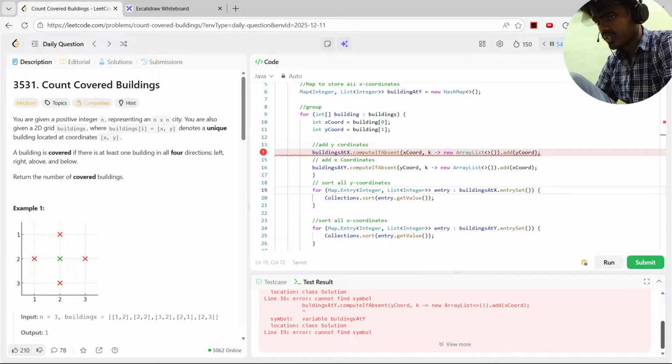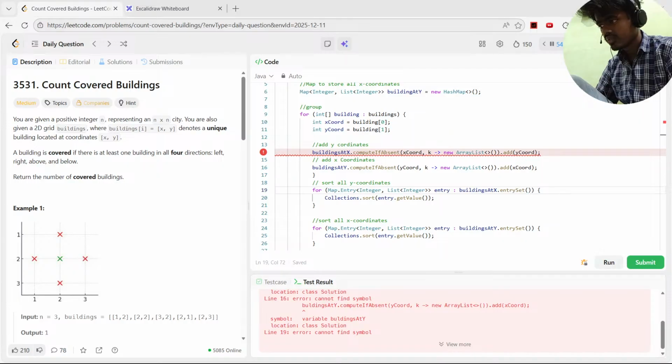So buildings at x. Then we do entry set, right. Building.